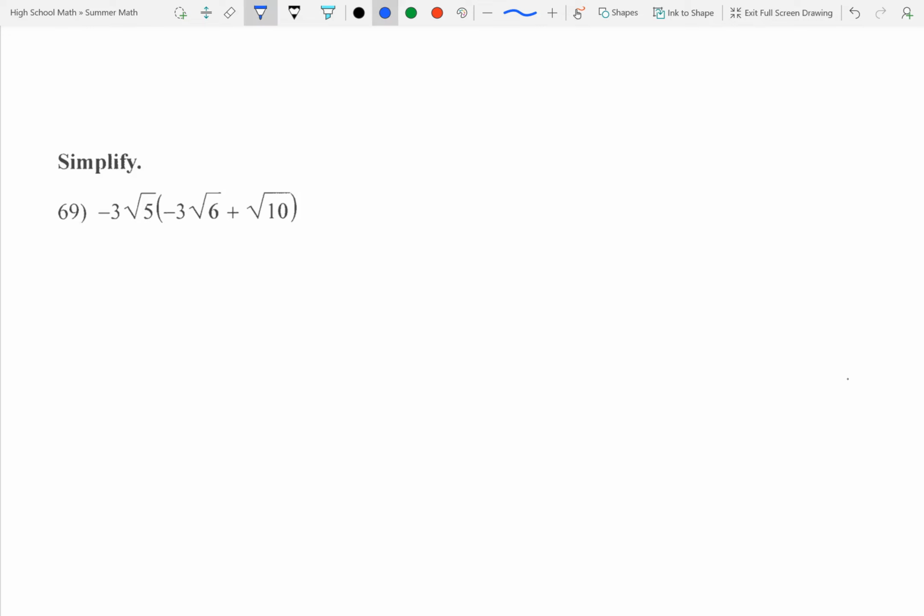Simplify. We're multiplying this radical expression, this expression with a square root, times these inside. Consider this expression here to be 1 times the square root of 10. It's certainly easy for you to imagine this implied coefficient, you might say, of 1.